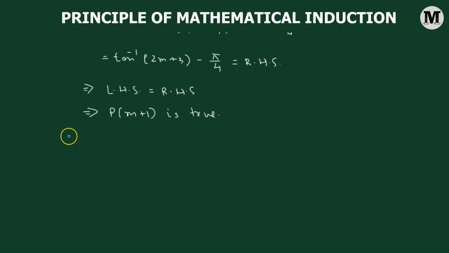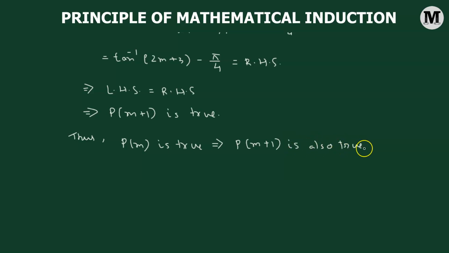In other words, we considered the statement p of m, so we suppose that it is a true statement. If this is a true statement, it simply means that p of m plus 1 is also true. That is what we have done so far.